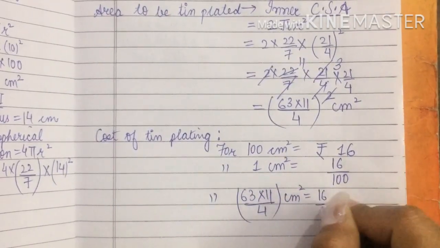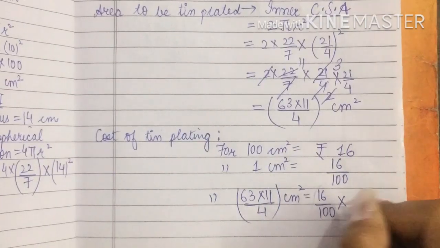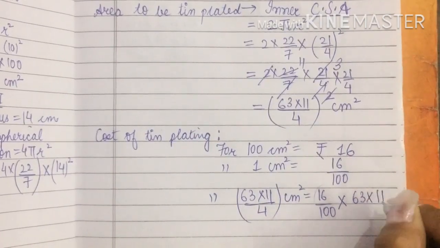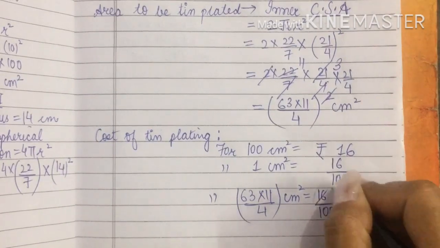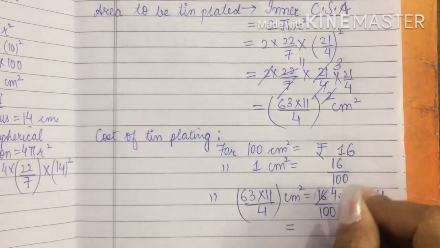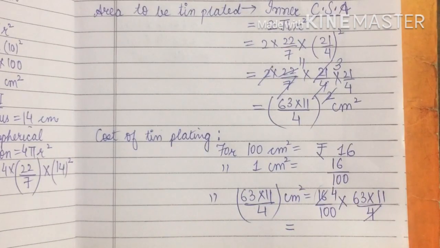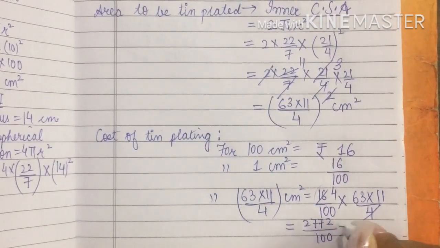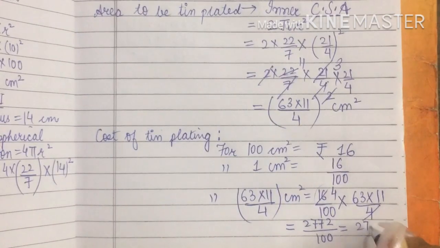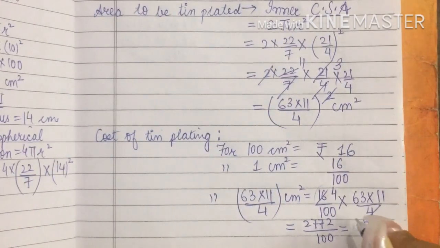So 16 over 100, this is the cost for 1, multiplied by the area for which you need to find out the cost. Simplifying. So I am multiplying the numerators and I will obtain the answer. Use the denominator to introduce the point. 2772 by 100. So it's 27.72 rupees. This is the answer for question number 5.